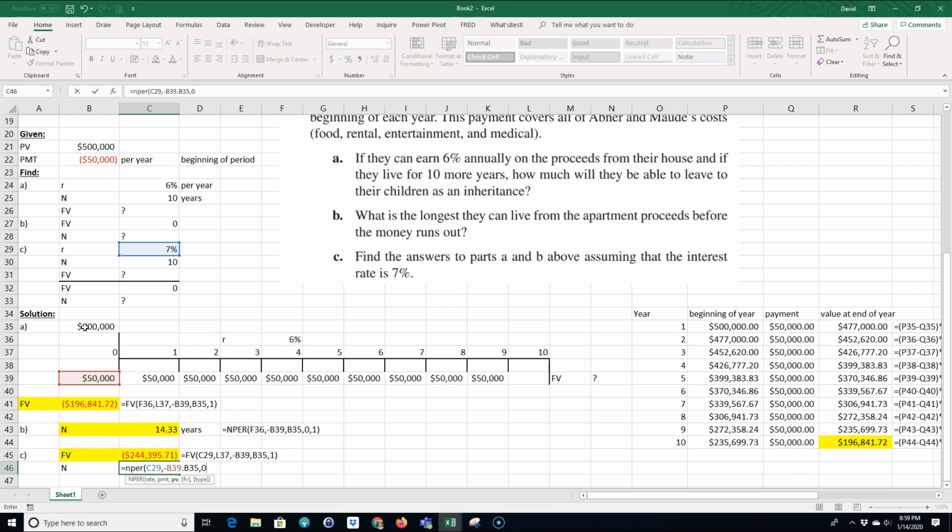Future value is 0, and the type is beginning of period. And you notice when I'm using an Excel function, I don't even have to put that parenthesis at the end. I can hit enter at that point. Now if I'm doing a formula on my own, I have to put parentheses, but Excel knows we're done. So you can just go ahead and hit that.